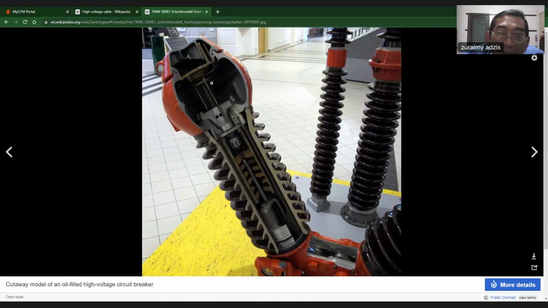And inside here is filled up with oil so that when sparks occur, the oil will quench, or make sure that the explosion of the spark doesn't damage the circuit breaker and also the compartment itself. The whole thing. So this is the actual thing you see. This is you cut it out, inside.